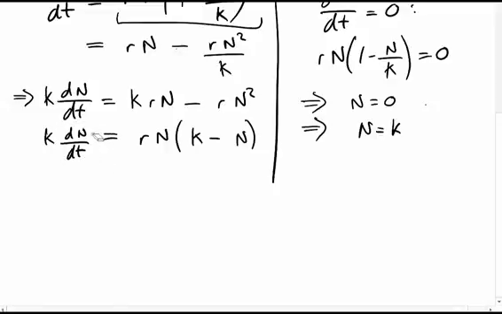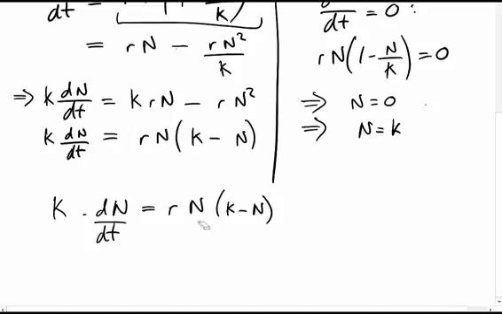We're not really worried about where the constants end up. So basically what we're going to try and do is get everything involving n on one side, and everything not involving n on the other side. So this k is fine, it's just a constant, times dn. I'll write it out again so you can see.